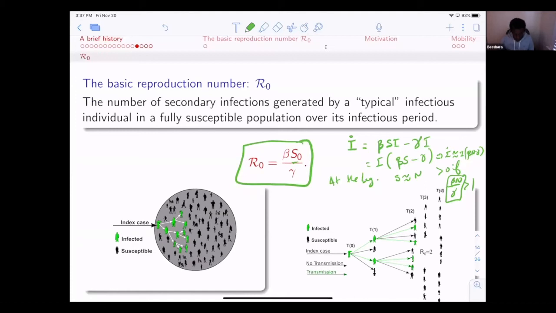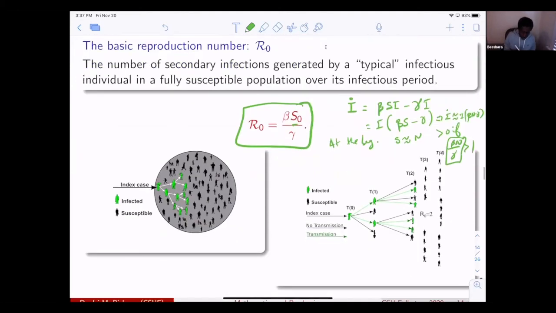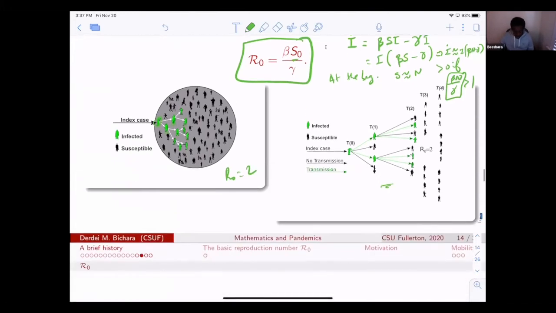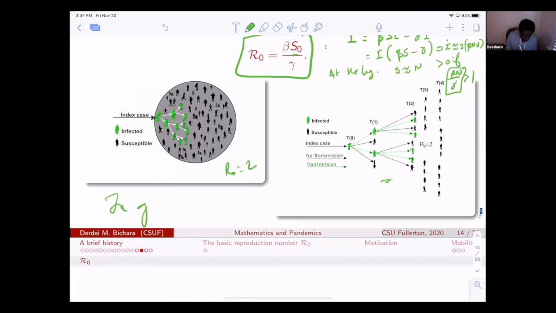So you have an index case, and this person happens to infect 2 people, and each of those infects 2, and so on. So in this case, R naught is equal to 2. In general, if R0 is less than 1, the disease will die out.